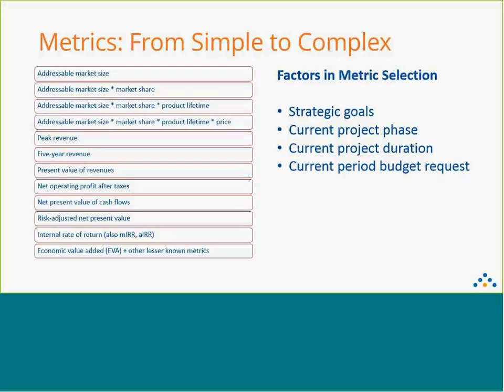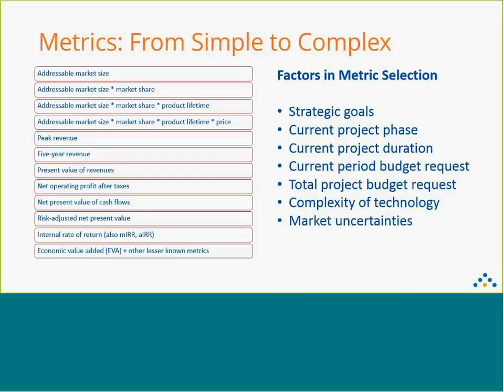What's the current period budget request, and is it an obvious we'll do this, or is it a question because there's a lot of money on the line in this next budget? And then the total budget request, the complexity of the technologies involved and the risk, therefore, that exists, and market uncertainties in terms of whether you think there's risk on the market side.